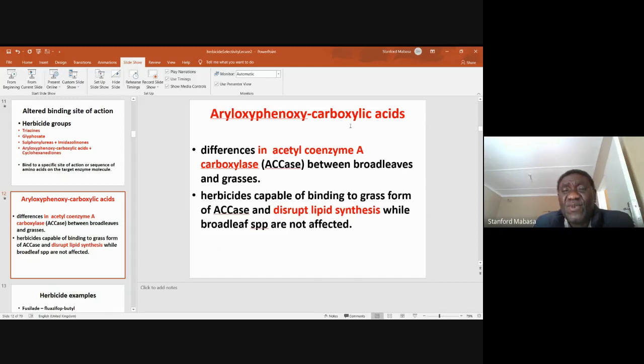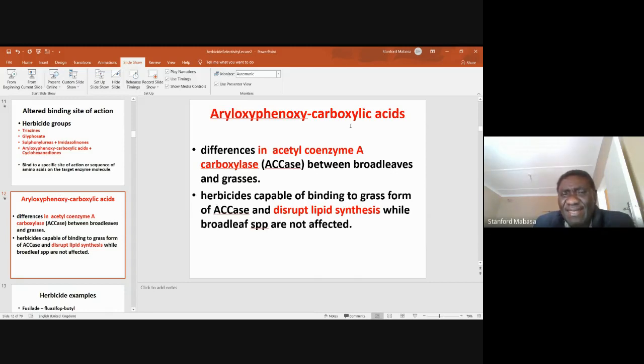Now, the reason why grasses get killed is because of this enzyme known as acetyl coenzyme A carboxylase, or in short, ACCase, which is found in broadleaves, which could be groundnuts or soybeans, and grasses, which could be weeds.